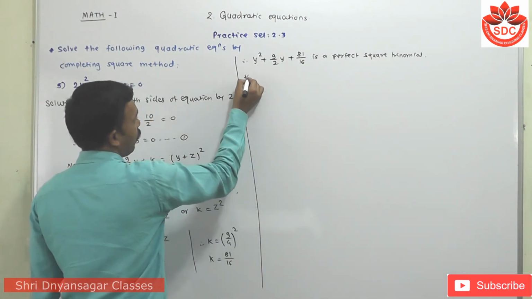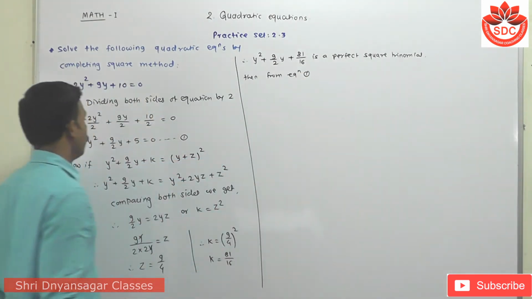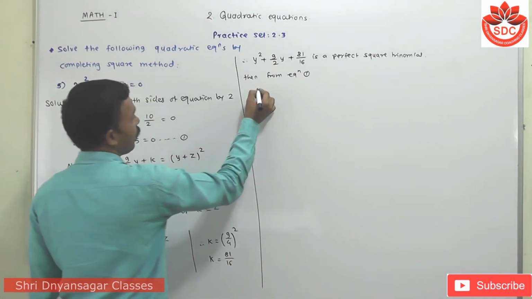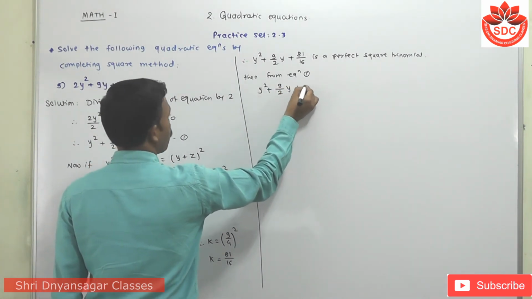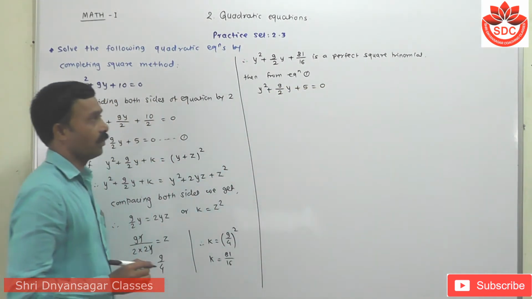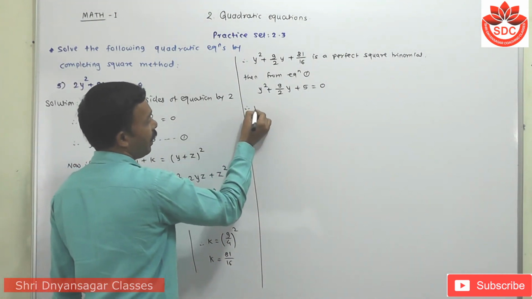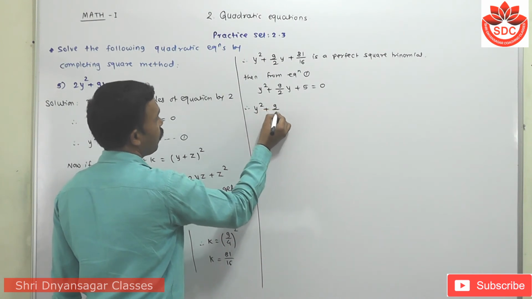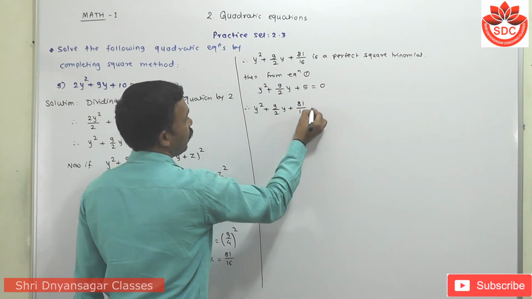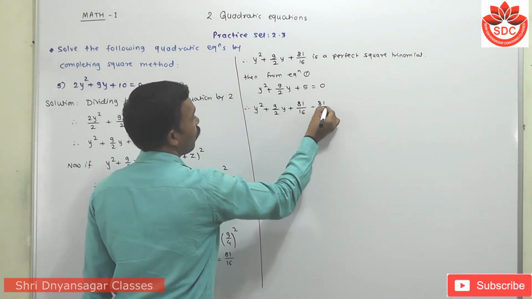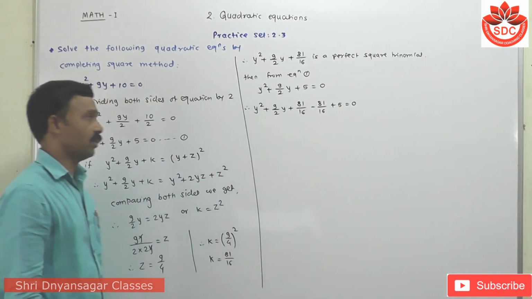Then from equation first, y square plus 9 upon 2y plus 5 is equal to 0. We have to add and subtract this value of k, meaning y square plus 9 upon 2y plus 81 upon 16 minus 81 upon 16 plus 5 is equal to 0.